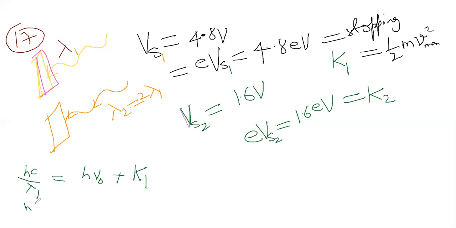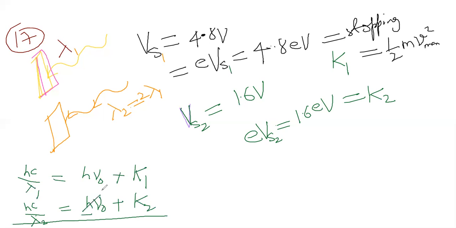What is the second equation? hc by lambda 2 is equal to, you can write it as hc by 2 lambda 1. Yes, of course, I will write that only, step by step. Plus K2.